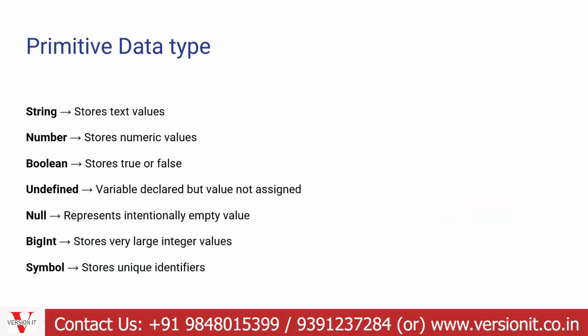Correct, right? So whenever you want to store something like those unique identifiers, like unique employee IDs, in those cases, we use something called symbols. But do we use these symbols in testing? Definitely no. We don't use these symbols.